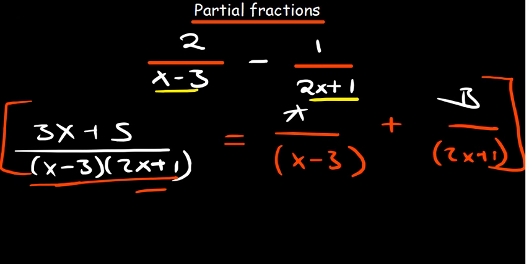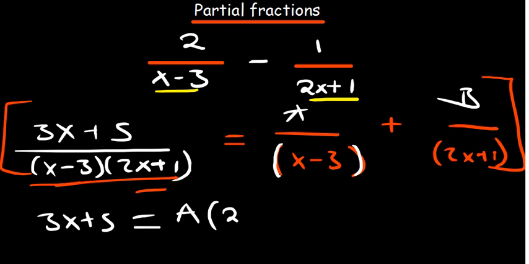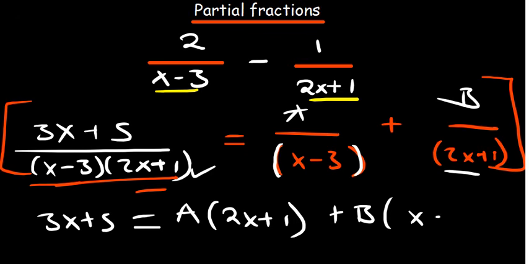On the left, what is going to remain will be 3x + 5. Where you have x - 3 on the denominator, it is going to cancel out the x - 3, so we are going to remain with A being multiplied by (2x + 1). Then the other side will cancel out, and you're going to remain with B being multiplied by (x - 3).